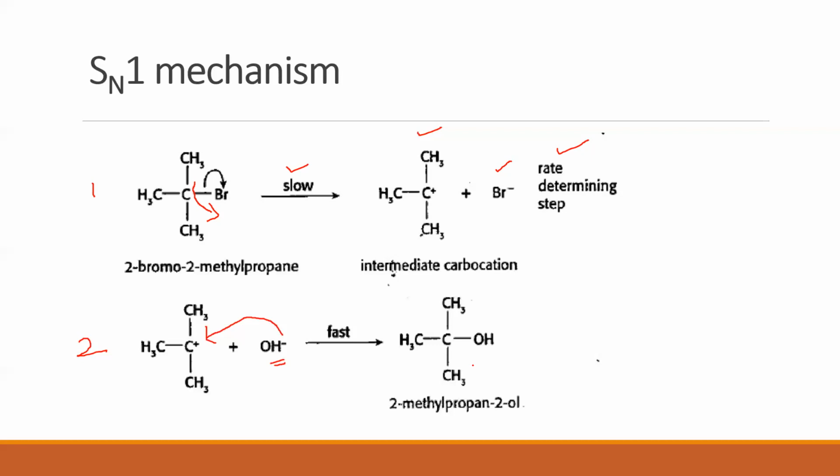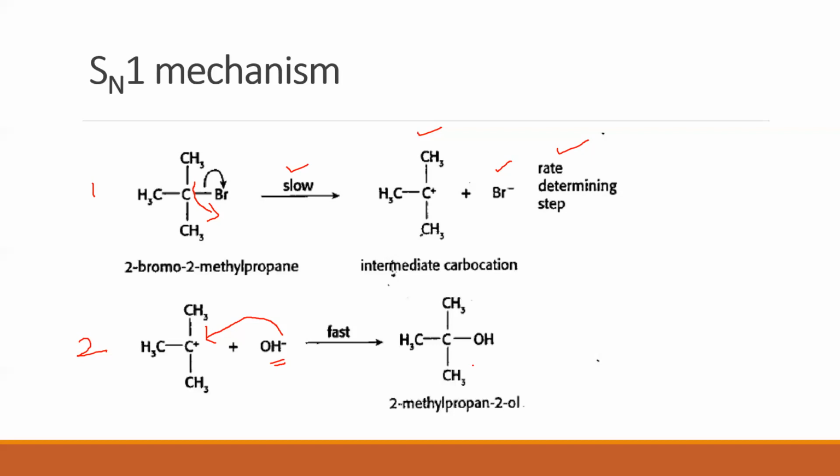So once the carbocation is formed, in the second step, a nucleophile will attack this carbocation. The nucleophile attacks the carbocation to form the product. So this step is called the attack of the nucleophile, and it is relatively a faster step.